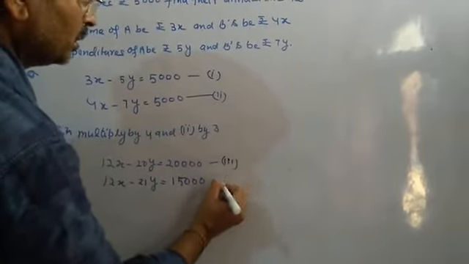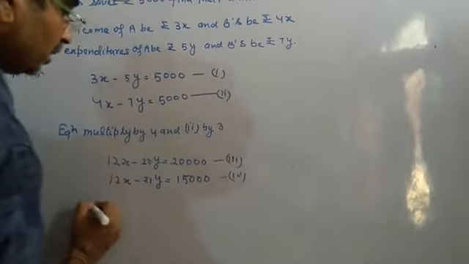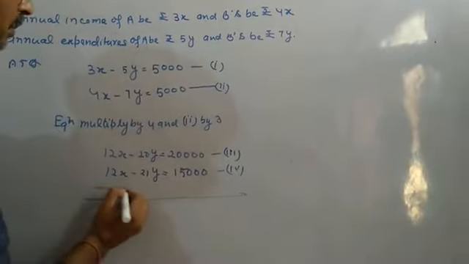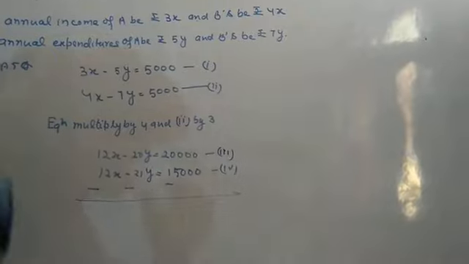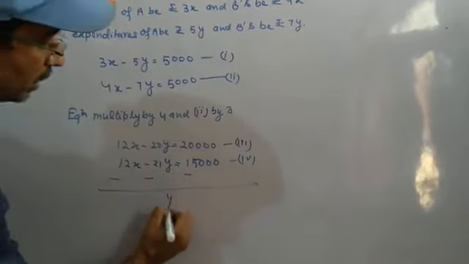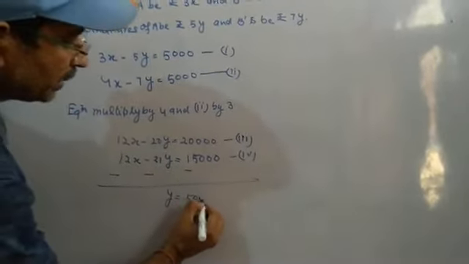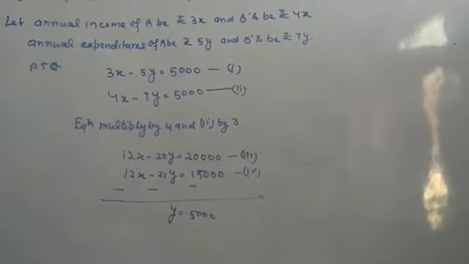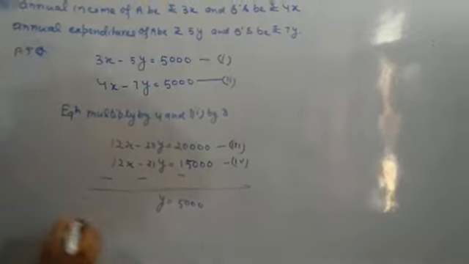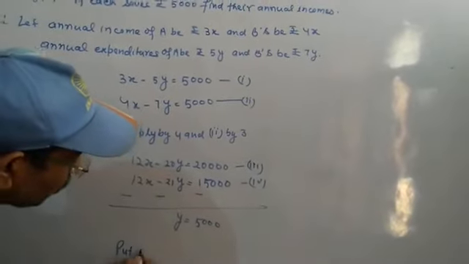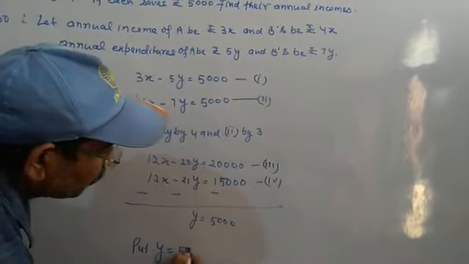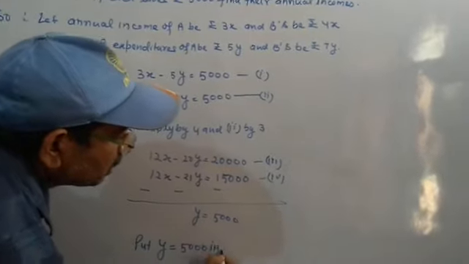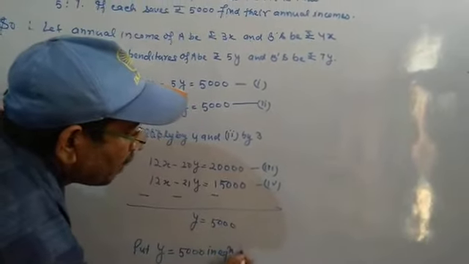This is the third, this is the fourth. Subtract, y equal to 5,000. Put y equal to 5,000 in equation 1.